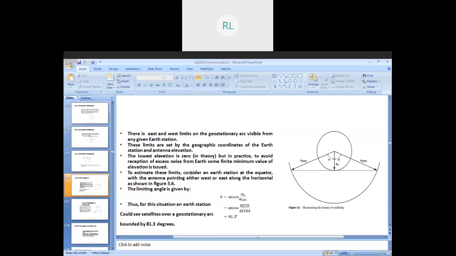We cannot always maintain the ideal values; as I mentioned previously, there should be some plus or minus tolerance. From the center of the Earth there is an AGSO here, which is nothing but the radius of the geostationary orbit. Then you have another radius. Both are the same from the center of the Earth, and this is your geostationary orbit, just around the Earth.